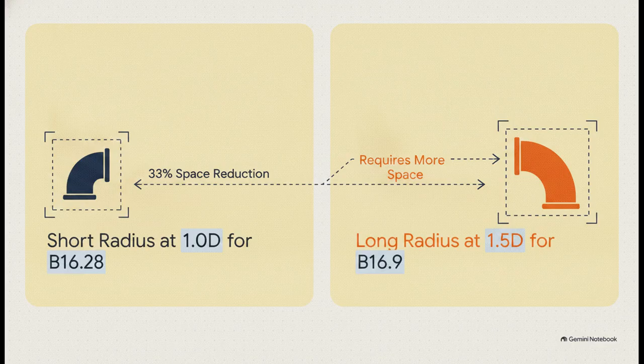But B16.28 is a short radius, exactly 1.0D. So what does that mean out in the field? Well, if you have a 10-inch pipe under B16.28, it has a short 10-inch center-to-face dimension. But under B16.9, that same turn requires 15 inches. That is a massive 33% space reduction, which is absolutely a game-changer for tight heat exchangers in chemical skids.